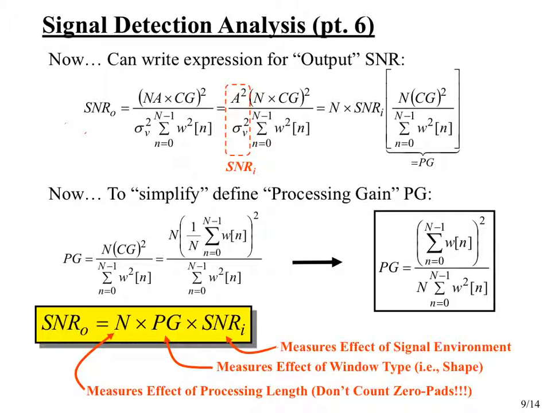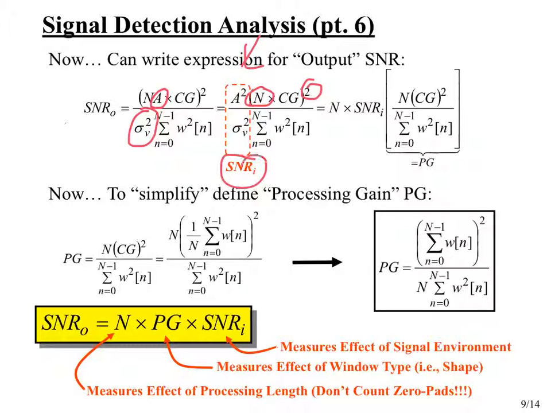So the first thing we're going to do is we see the A there and we see the sigma squared V. We'll pull those out in front and put a box around them and say, aha, that's the input SNR. And then the next thing we're going to do is we've got an N with a square. So we're going to take one of those and pull it out in front also.